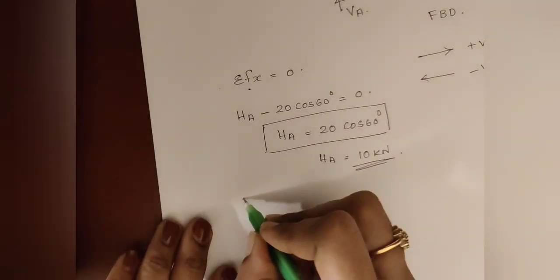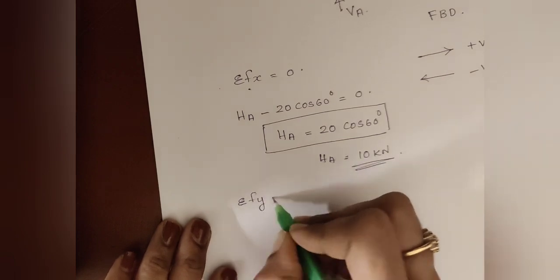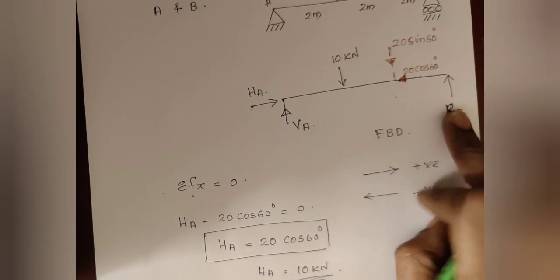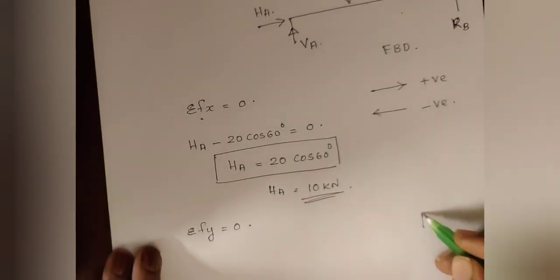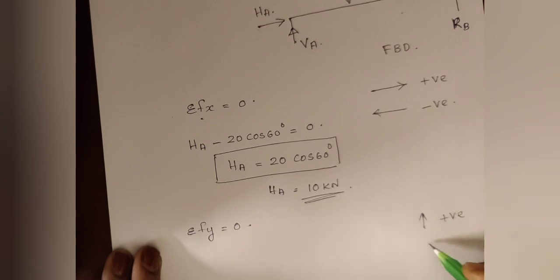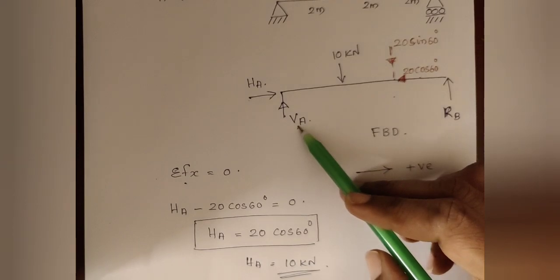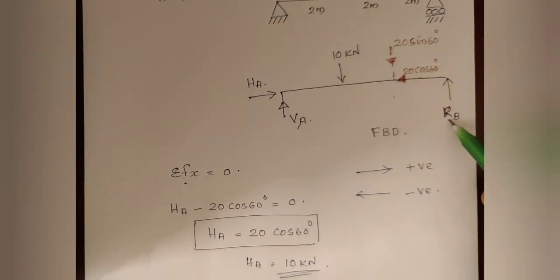Now the second equation is sigma Fy equal to 0. You have to consider all the vertical forces. The sign convention is that upward force is taken as positive and downward force is taken as negative. VA is upward, RB is upward.